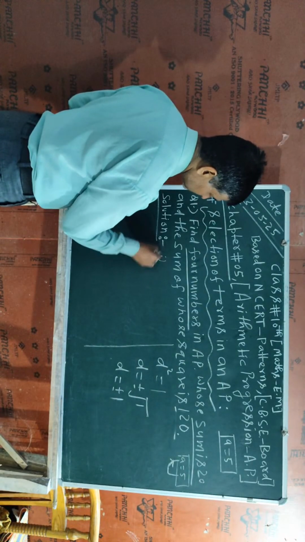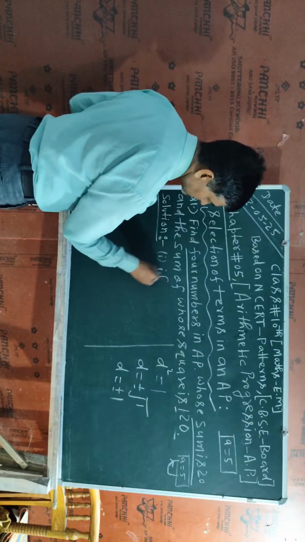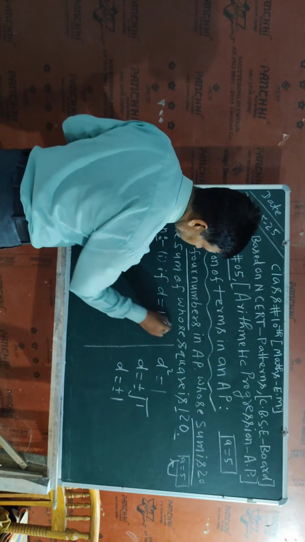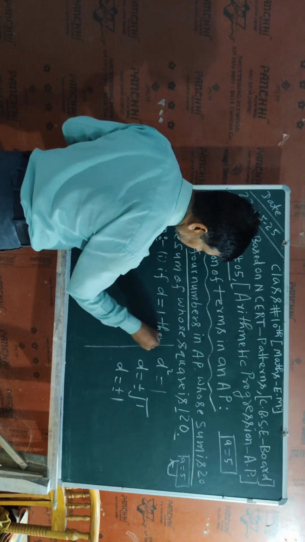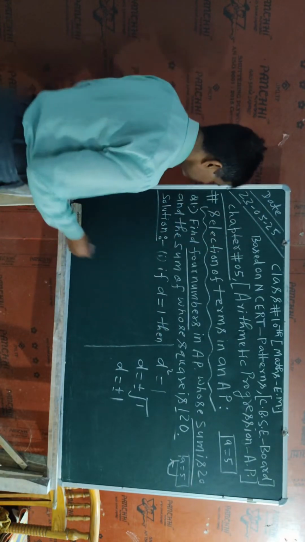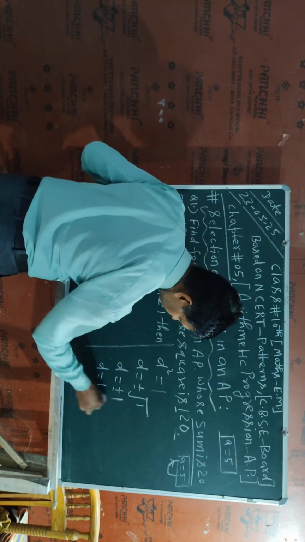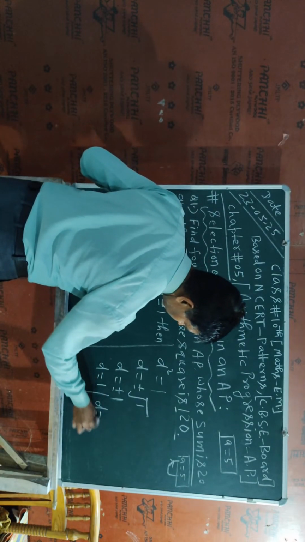According to that statement I will find it this way. In that condition number 1, if d is positive 1, because here there will be two values, one value will be plus 1 and other value will be minus 1.